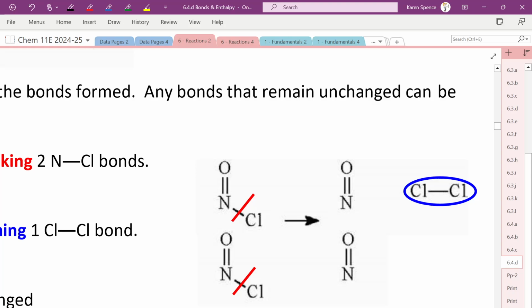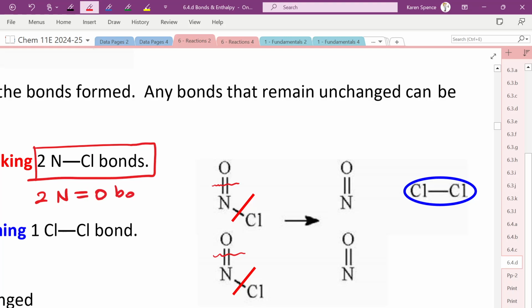So if we separated all the atoms, we could say we are breaking N-Cl and N-Cl, so we have 2 N-Cl bonds. We could also say that we are breaking 2 N=O double bonds. We good with that? That would separate all our atoms.